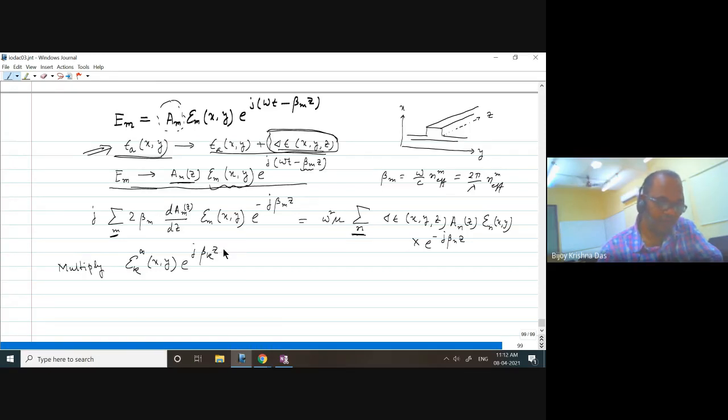Okay, you understand? I am just considering the kth mode, because m can run from 0 to a certain value. The mode number can start from fundamental mode number 1, mode number 2, mode number 3, and so on. N also, this is a sum over modes, it can run over all the modes, right?